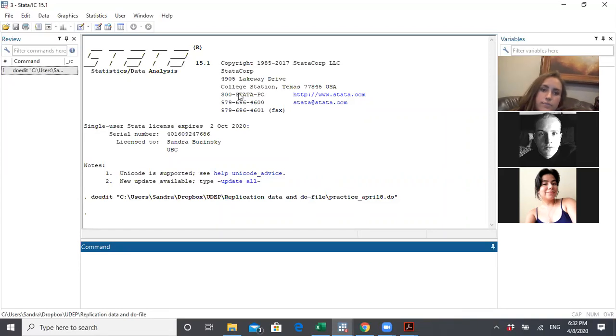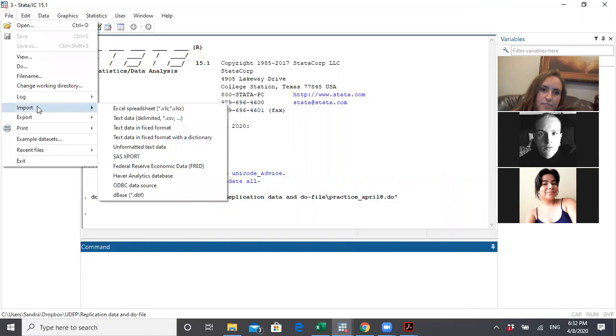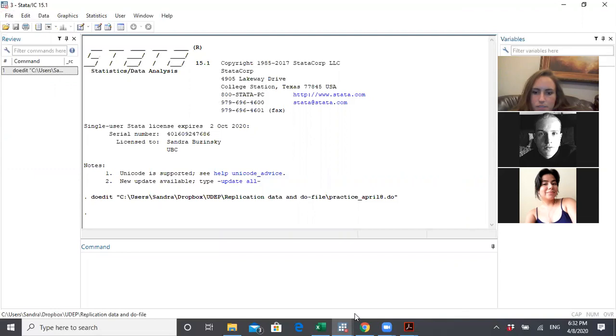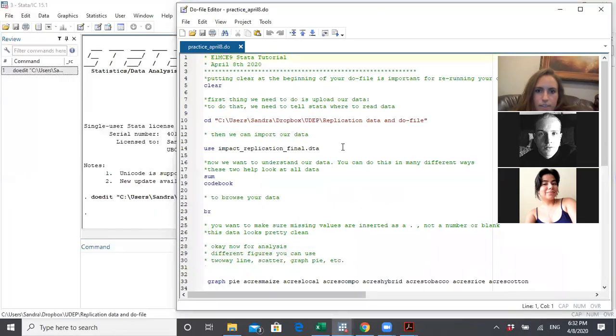Okay, so first thing we need to do is import our data. So you can either go file, import data, and then it asks you what kind of data you have. So yeah, you can do that. But I'm just going to show you what I wrote in my code because it's easier.